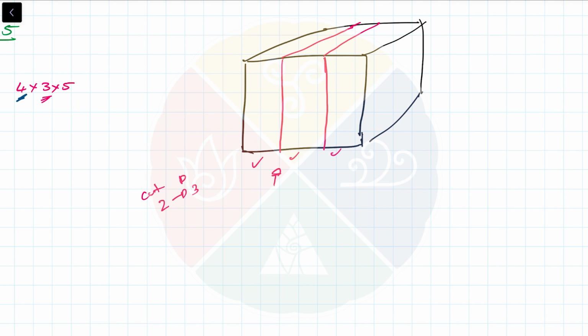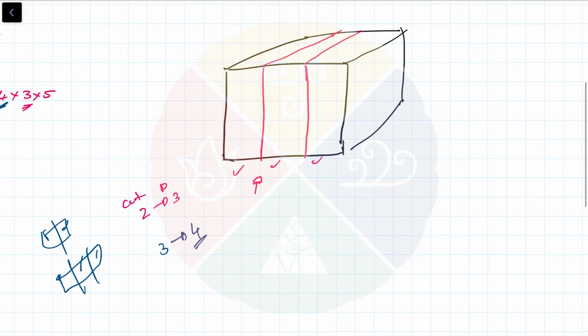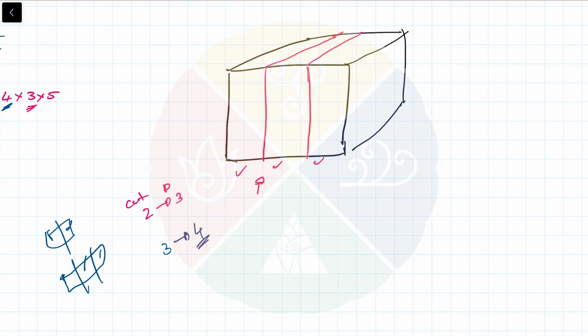Now the other side, let's say I'm going to get 4 pieces. To get 4 pieces, I need 3 cuts. Whenever you cut once, you will get 2 pieces. You cut 2 times, you will get 3 pieces. 1 extra piece will come. So if I want 4 pieces, I only have to cut 3 times. 1 cut here, 1 cut here, 1 cut here. The cut should go through like a cake.